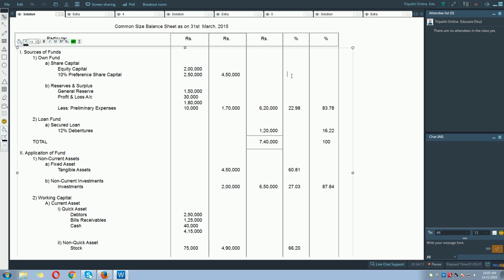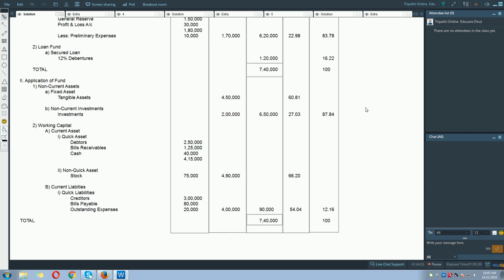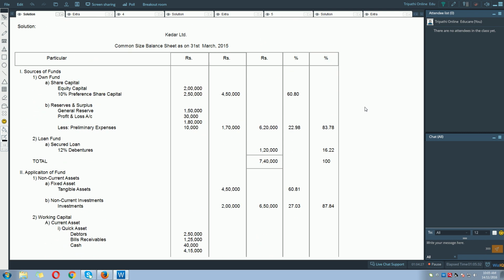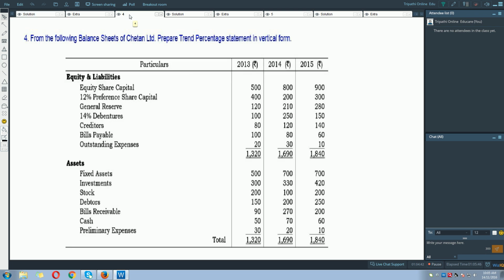1,20,000, 16.22. One lakh 70,000, 22.98.